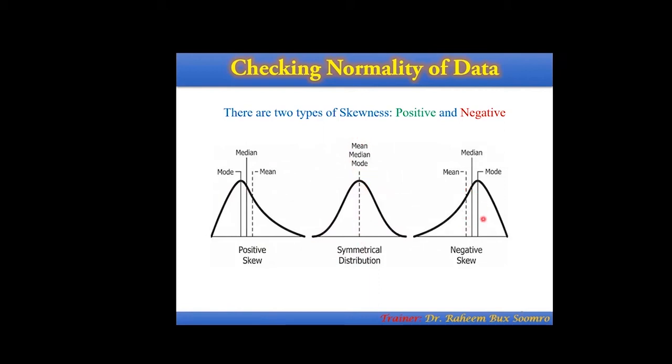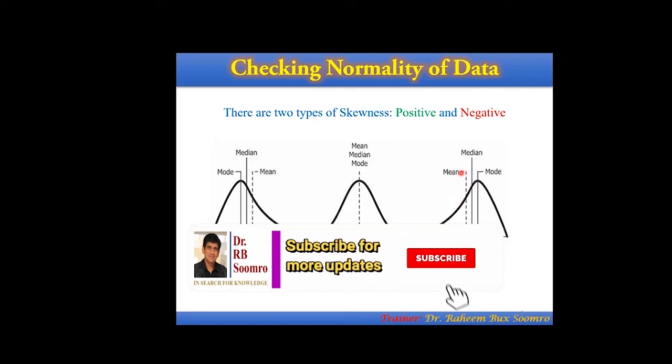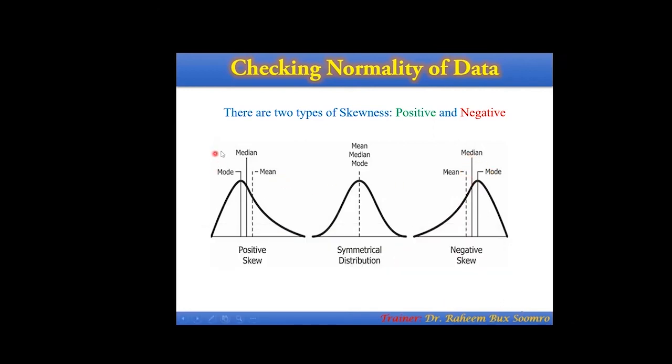In this one there is negative skewness, where you find the long tail on the left side of the graph, and the mean, mode, and median are at different places. And then this is the same, but here the long tail is on the right side of the graph.